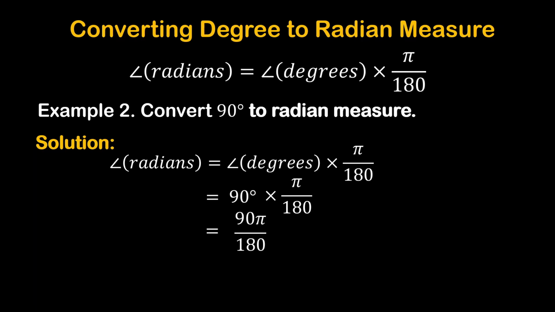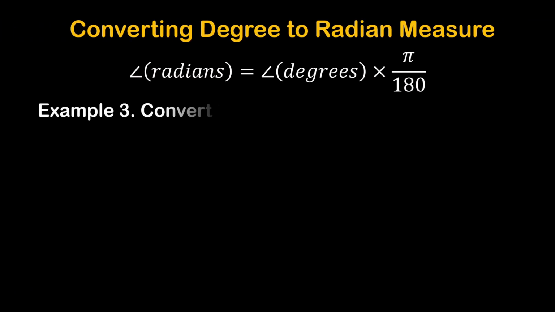Then, of course, we can simplify this one. The simplified form of 90 pi over 180 is equal to 1/2 pi radian or pi over 2 radian. So, therefore, 90 degree is just equal to 1 over 2 pi radian or pi over 2 radian. That's our final answer.